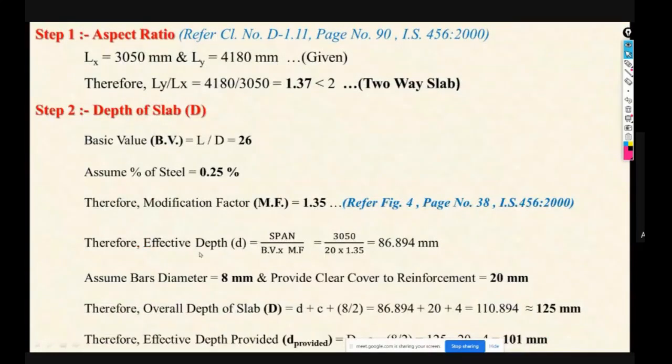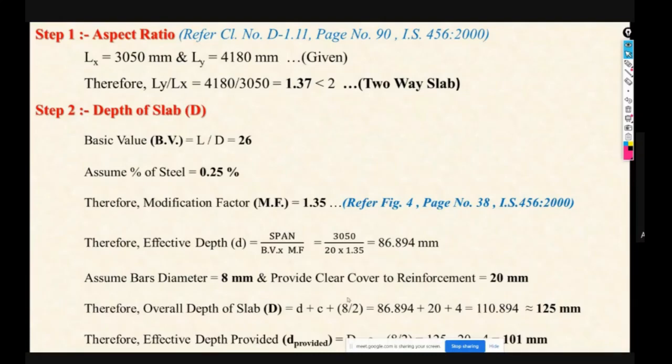Okay, and then effective depth formula: span divided by basic value into modification factor. So by putting the values, while considering the span in two-way slab as well as in one-way slab, we have to consider the shorter span. Okay, means whatever design we are doing for the one-way and two-way slab, it's totally based on the shorter span.